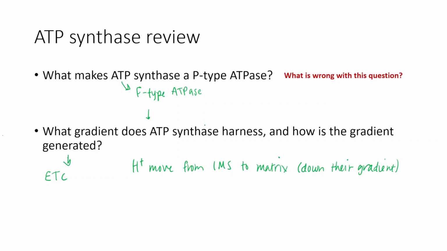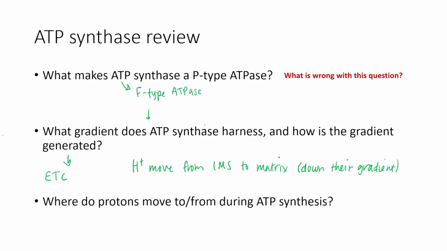Now they're going to all move back into the matrix, back down the gradient, and drive the ATP synthase. And then we have one last question, which we also answered already. So during ATP synthesis, they go from the intermembrane space back to the matrix, which is written over there.